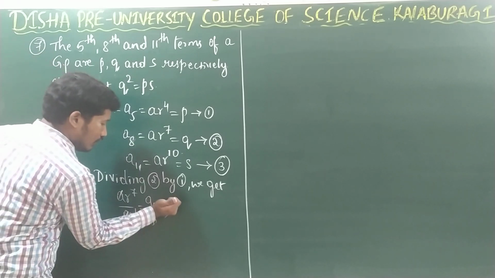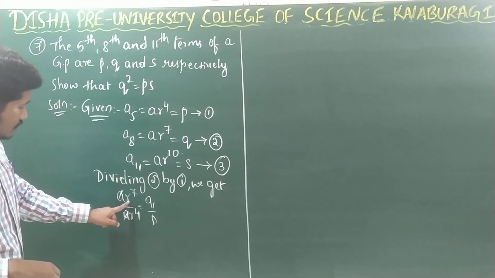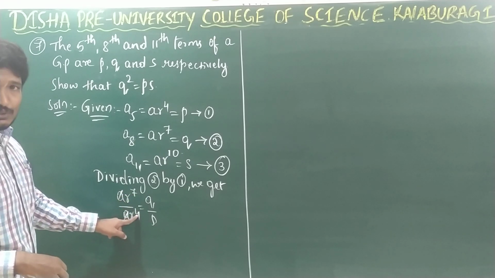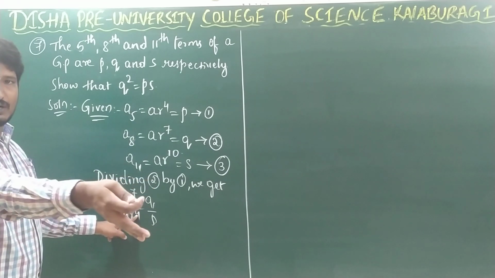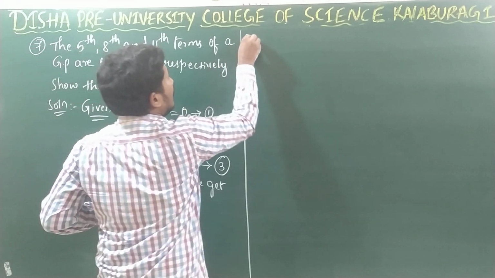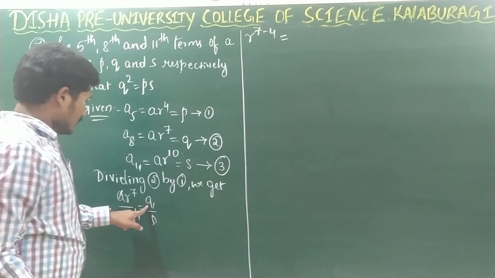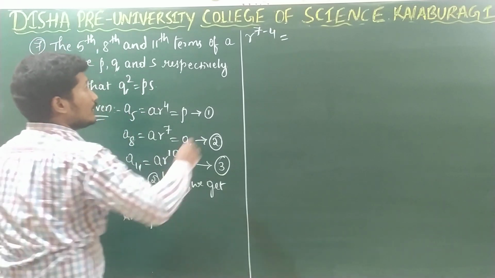Again it is of the form A power m divided by A power n, which can be written as A power m minus n. We have already solved this in one of the problems. So this can be written as R power 7 minus 4 is equal to Q divided by P.